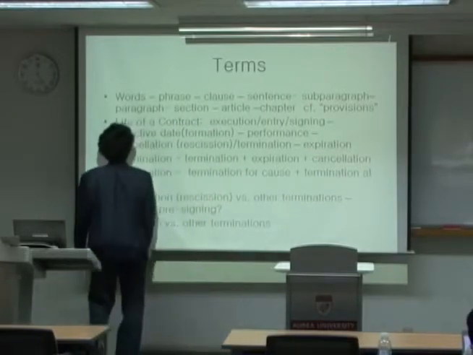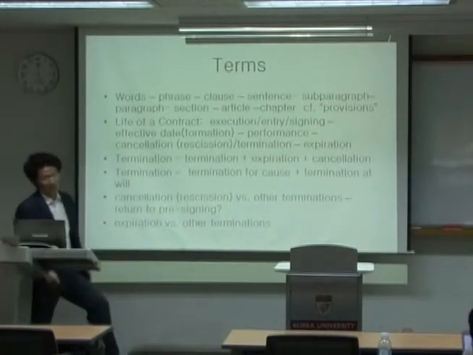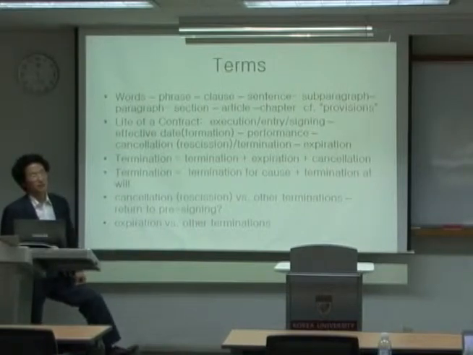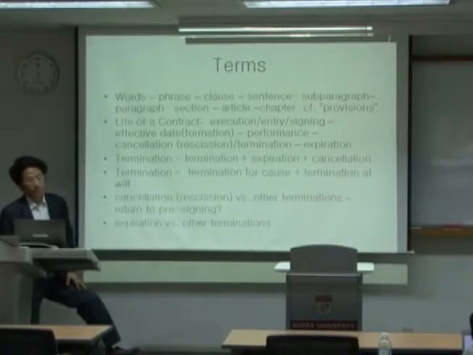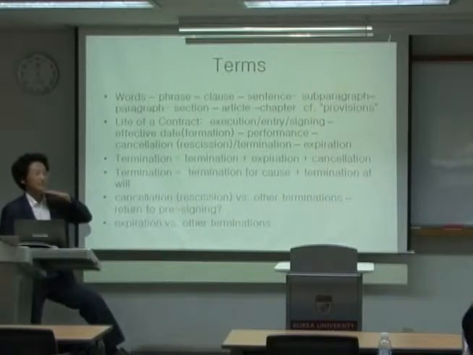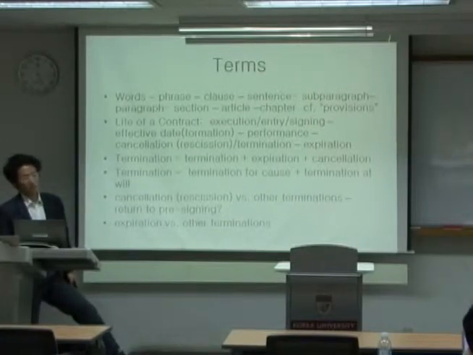Okay, life of a contract. Repeat after me. Life of a contract. Execution. What does execution mean? Execution can have several different meanings. Execution can mean death penalty. Execution can mean performing something, some task that you are given.